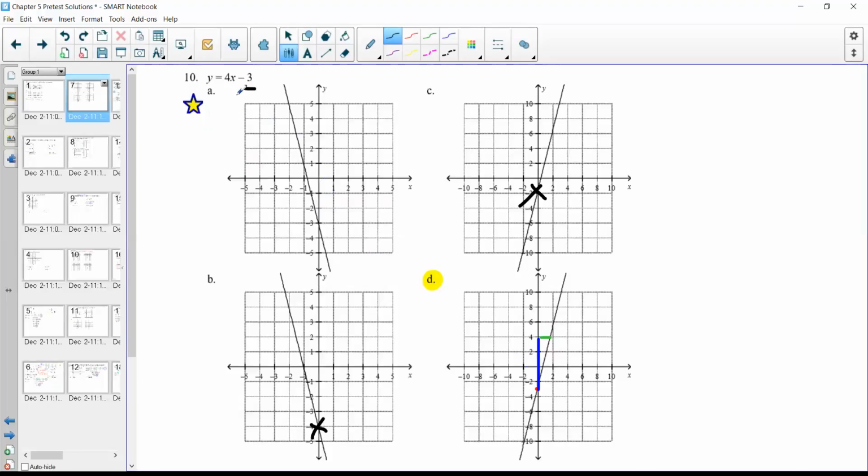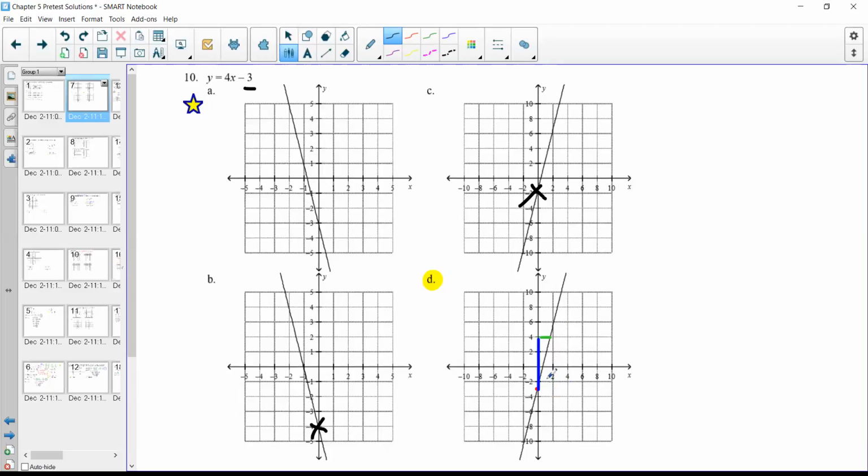So then let's look at the slope. First of all, we don't even need to count slope because in this case, 4 is positive, so it's going to be a positive slope. Remember, positive slopes rise from left to right, negative slopes fall from left to right. But we can also see if we... trying to think, I don't know why that's there.